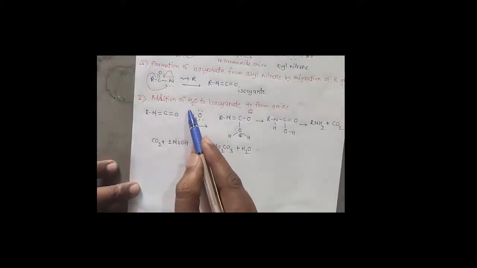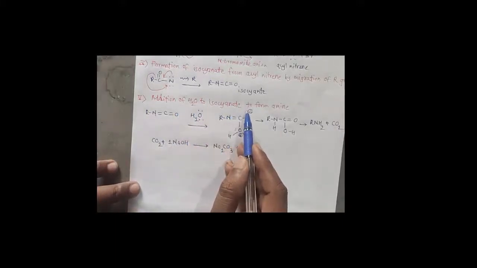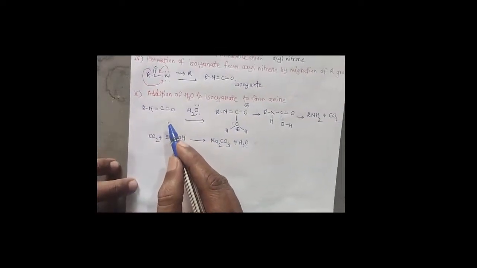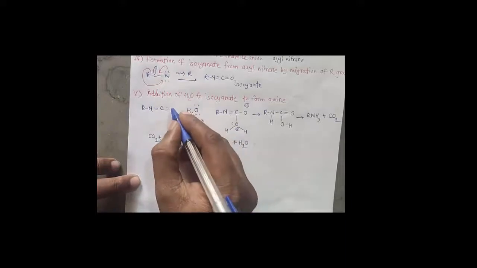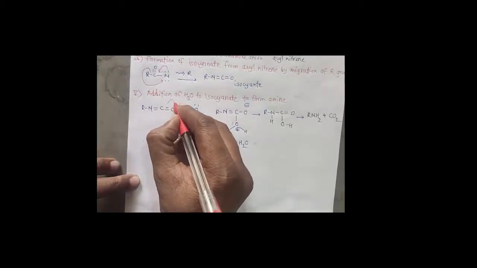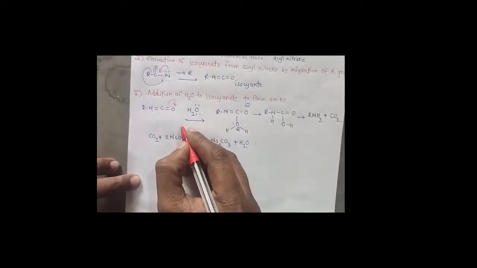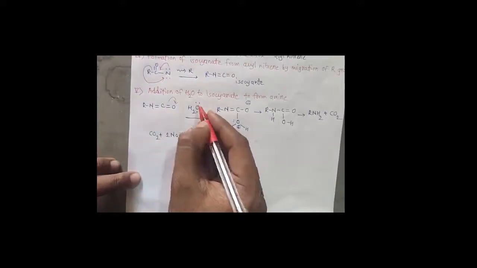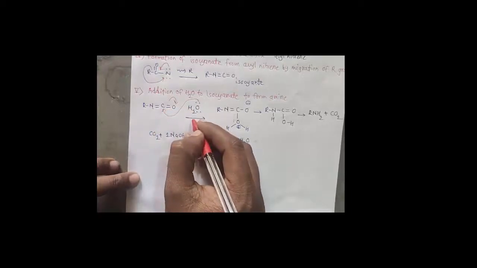The next step is the addition of a water molecule to isocyanate to form amine. The isocyanate gets attacked by the water molecule. The oxygen attracts the bonding pair of electrons towards itself, so the carbon becomes electron deficient and is attacked by a lone pair of electrons on the water molecule.